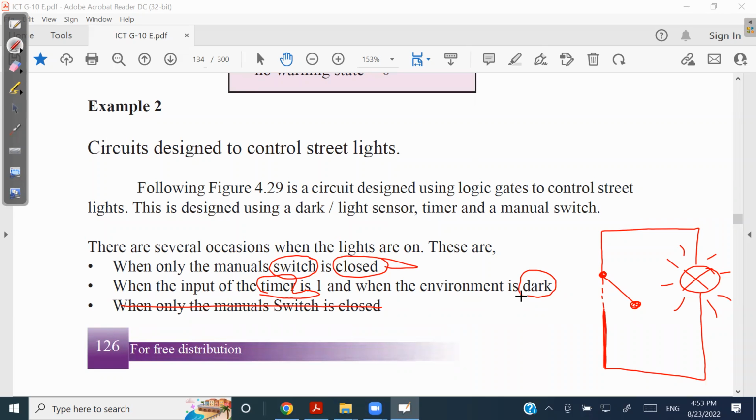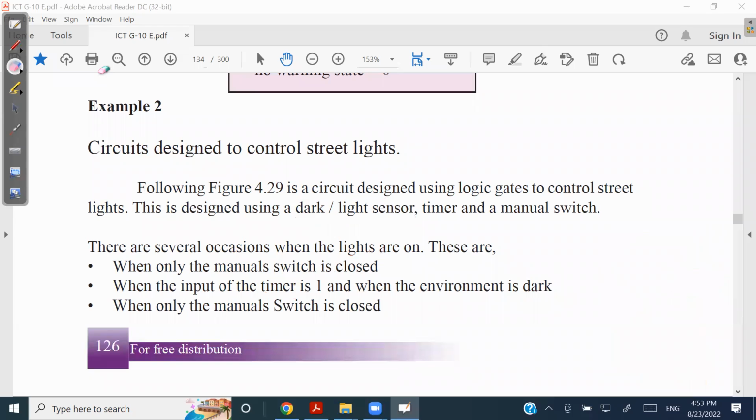That means it is sensed by this dark and light sensor, right? So what we can indicate is these 3 inputs: the dark light sensor, the timer, and the manual switch are controlling the street light, right?